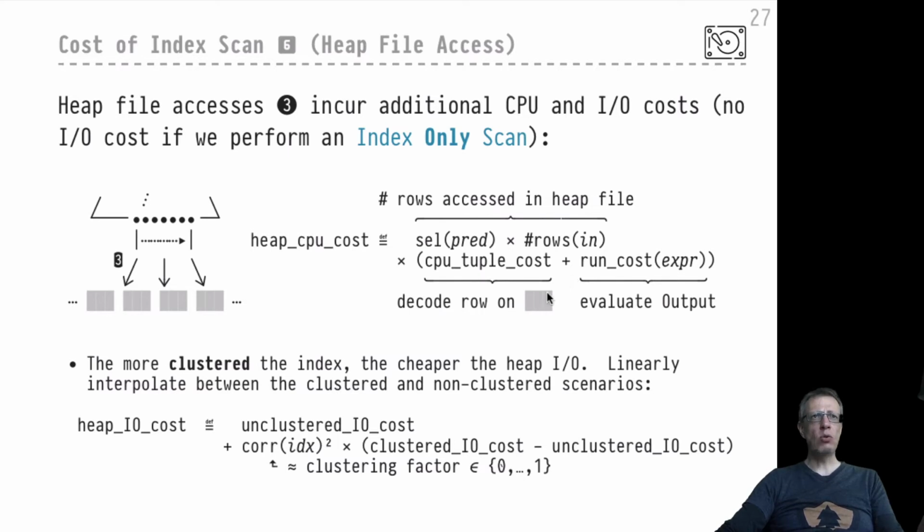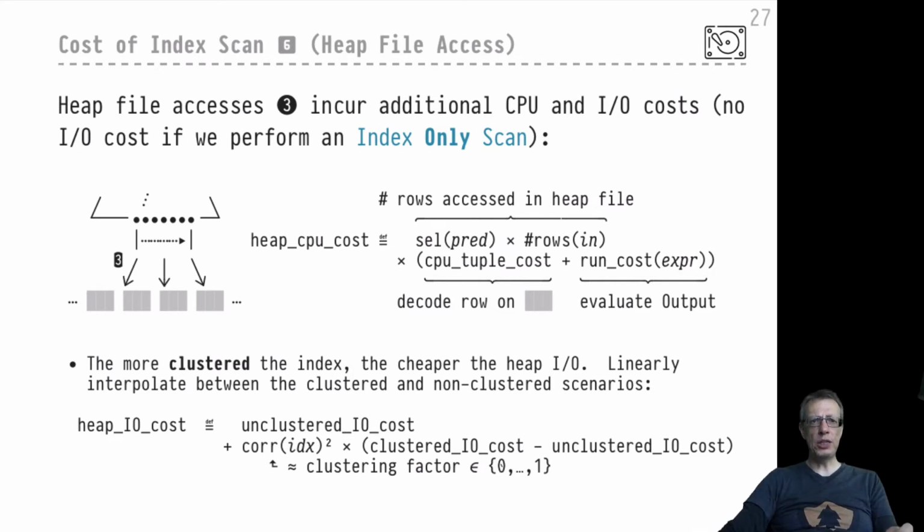And now to the IO cost, which of course would be influenced by the fact whether the index is clustered or non-clustered. The more clustered the index is, the cheaper will be the heap I/O. So what we will do here is linearly interpolate between the two extremes, a completely unclustered scenario and a completely clustered scenario.